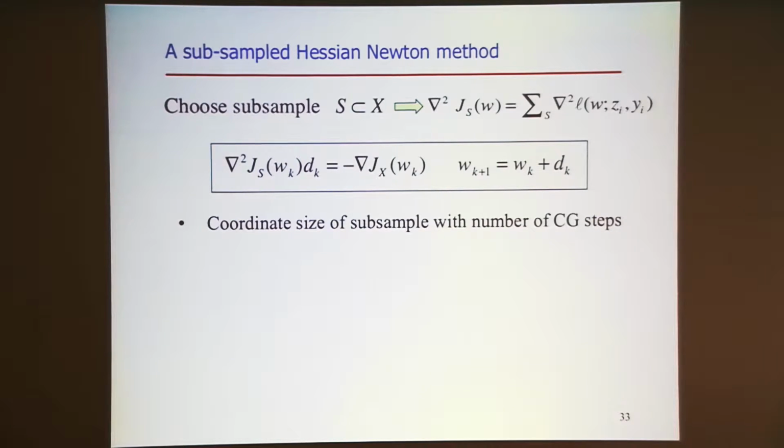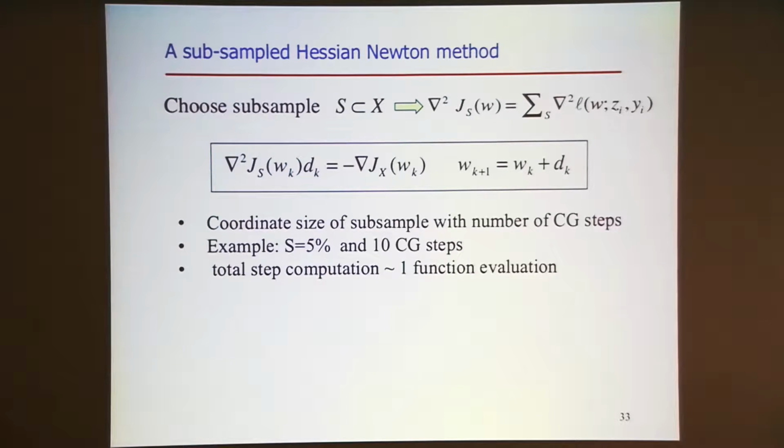Now, I'm going to choose this sample size for the Hessian so that when I apply the conjugate gradient iteration to solve this problem, it's not going to cost me so much. In fact, it's going to be fairly cheap. I mentioned here 5%. The sample for the Hessian is 5% of the information that you use for the gradient. And let's say that we just do 10 conjugate gradient steps.